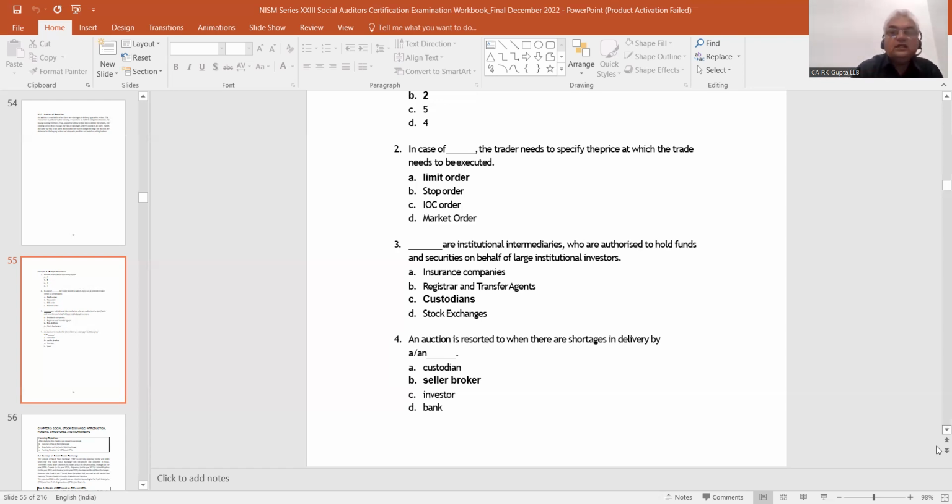So now let us have a look. This portion which we have discussed today is of 4 marks. So for 4 marks, I think these 4 questions may not be sufficient.